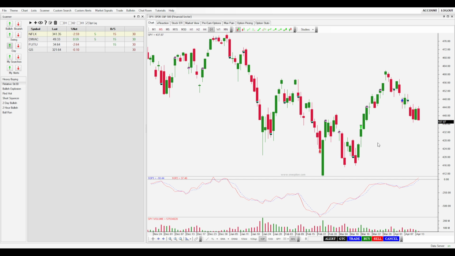We need to find something that was stronger than traditional areas of technical support and resistance. Your SMAs, your basic trend lines, you know the deal. So in comes algo lines. These are a specific type of trend line.